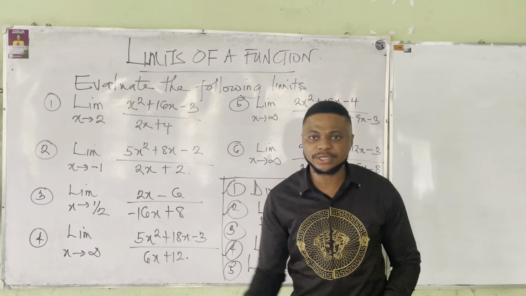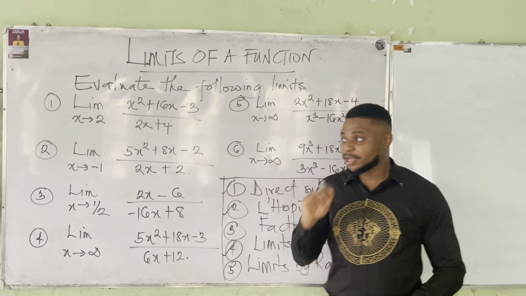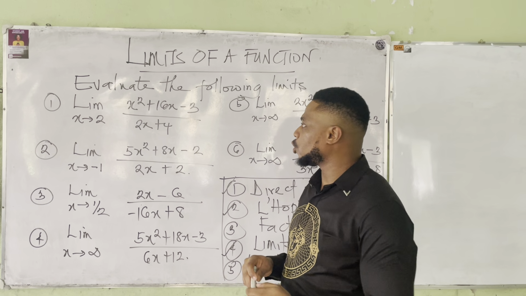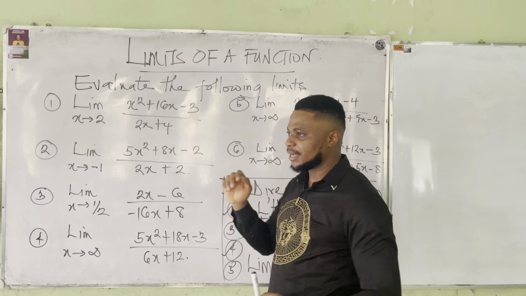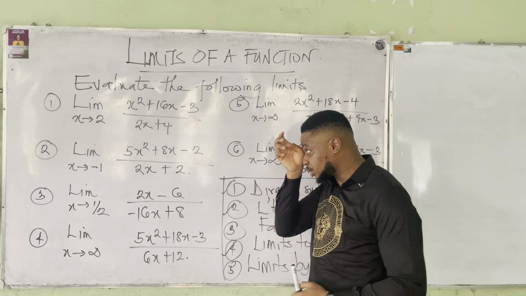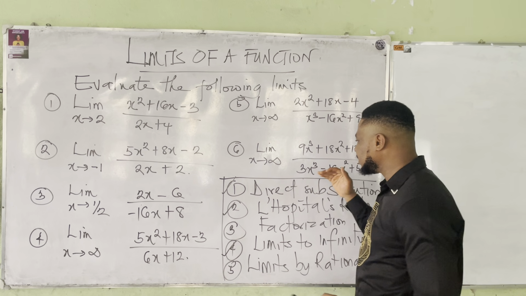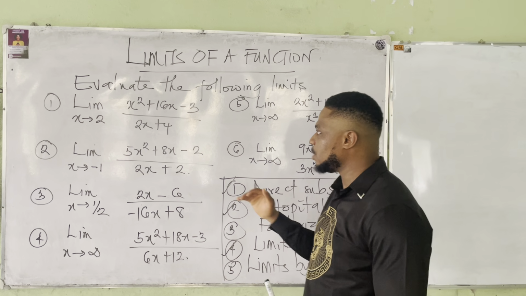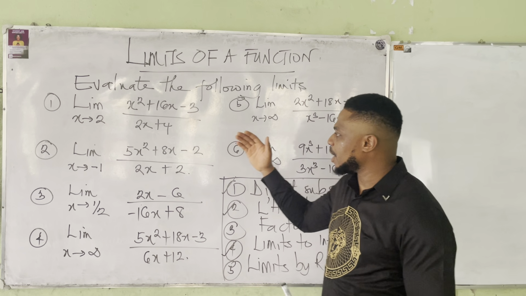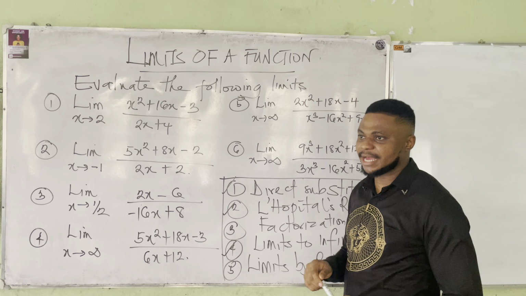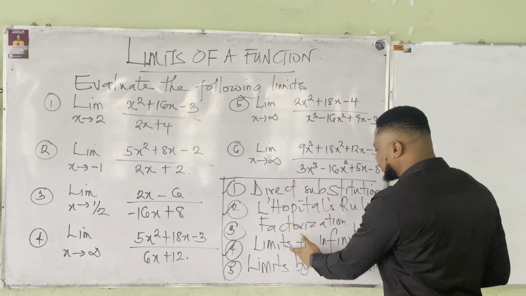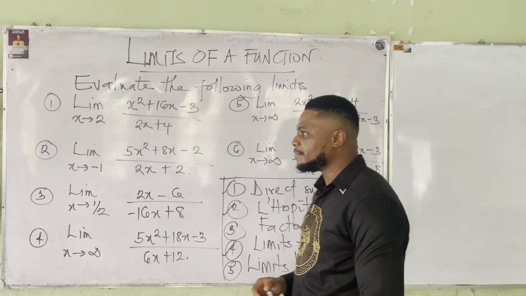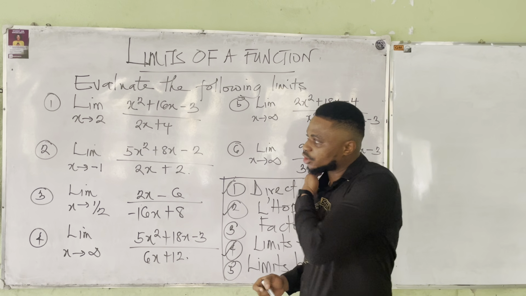But to progress, we look at the remaining ones. I'm just going to make a crude but crucial emphasis on these techniques in evaluating limits, of which we are going to use these exercises. So we have direct substitution, L'Hopital's rule, factorization, limits to infinity, and limits by rationalization.